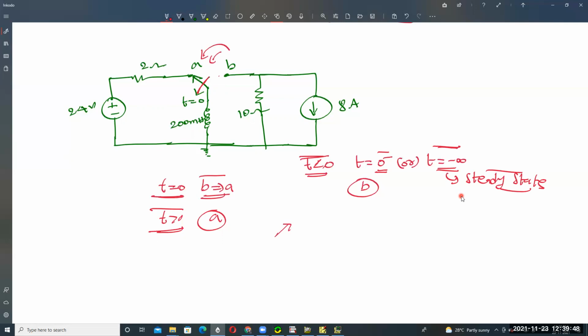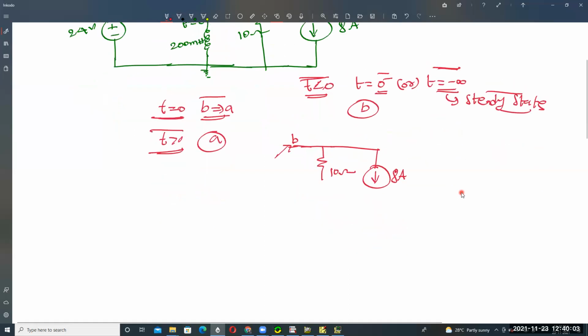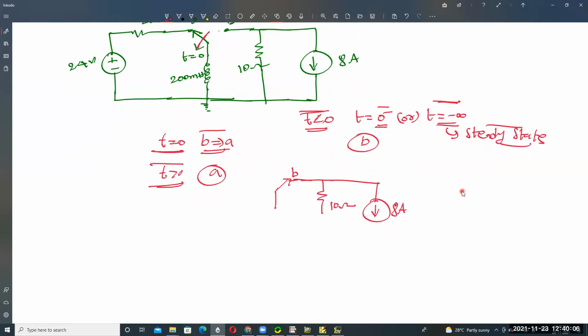If the switch is in position B, this is the circuit, with 10 ohms and 8 amps, and this is the inductor. Under steady state condition, the inductor acts as a short circuit. This is ground, and this is our inductor current direction.